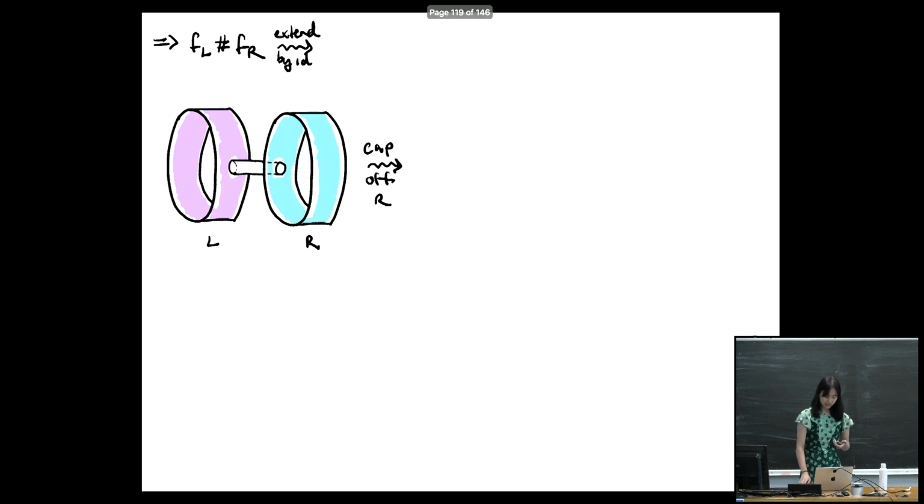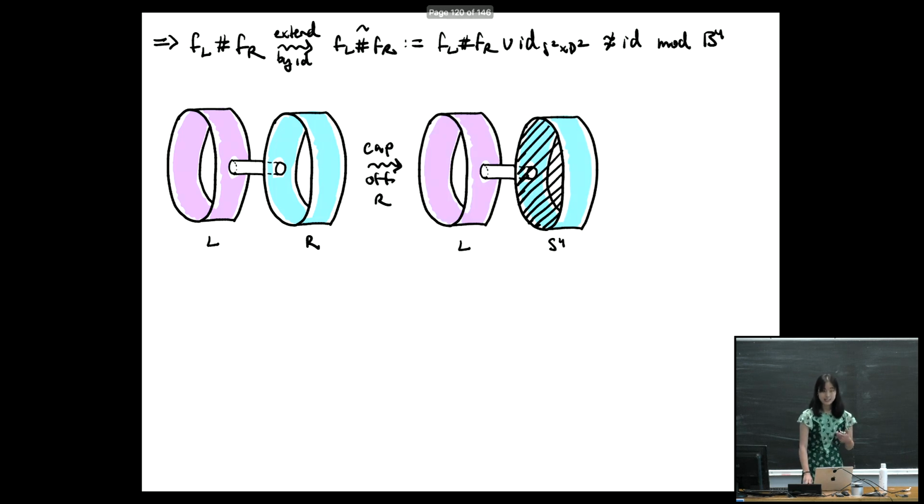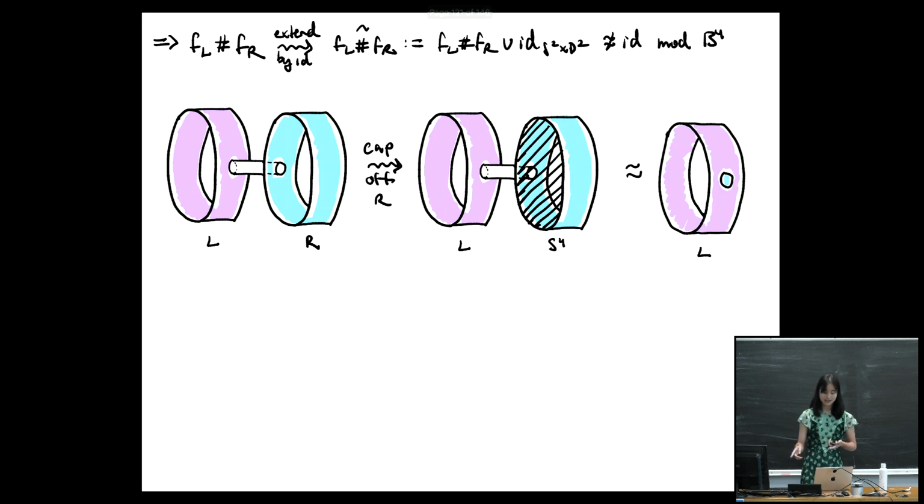That's good. This actually tells us the exact same information about FL, FR. So if we just play the same game, we extend by the identity. Now we have some diffeomorphism FL, FR hat of S1 cross B3, which is non-trivial mod B4. And this actually tells us something nice about our purple diffeomorphism FL.